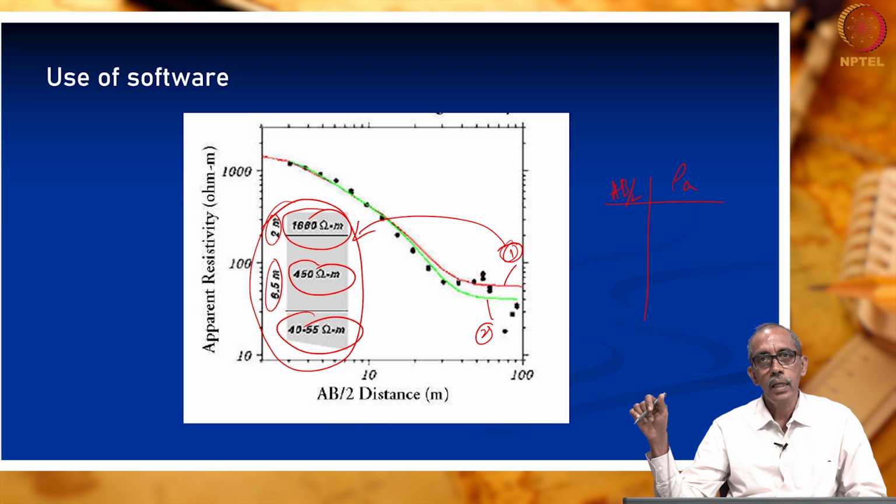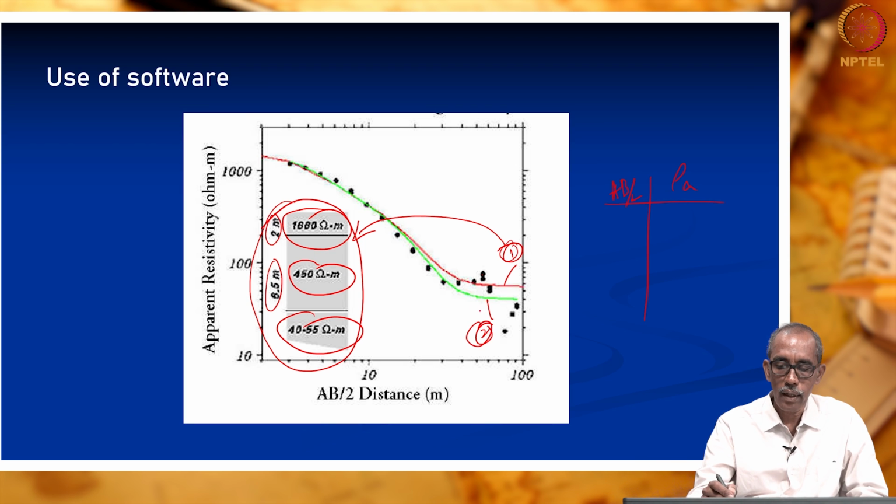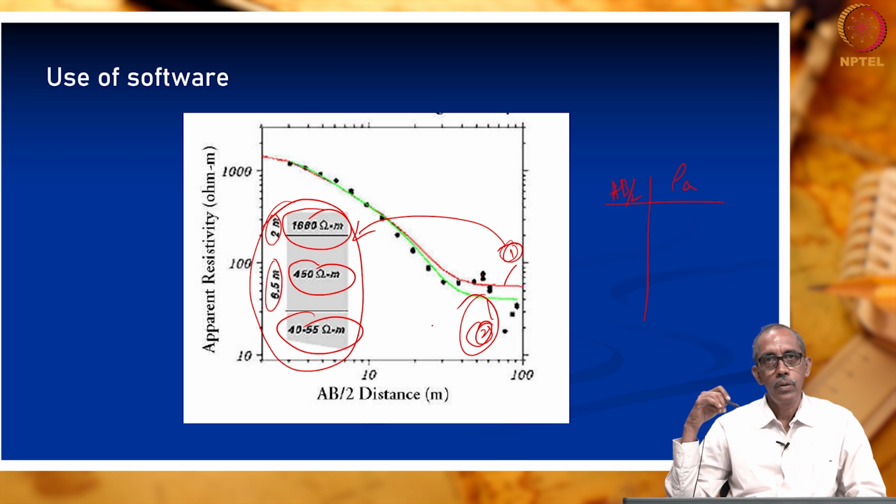Whereas, if drilling at the site indicates 1 is not correct, 2 is much closer, then we need to decide to choose 2. Okay, that is why in the sounding method, suppose you do 30 or 40 vertical electrical soundings at the site, at least 2 or 3 boreholes are necessary to see whether the way in which we are interpreting the data is correct or not. If not correct, we need to refine our method of interpretation.